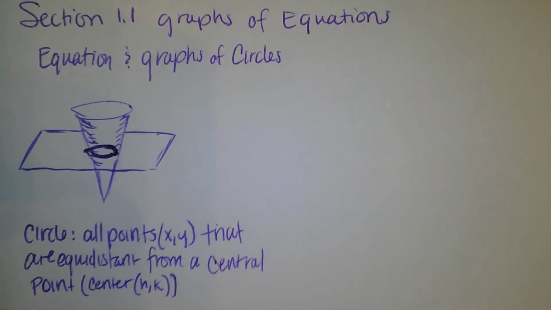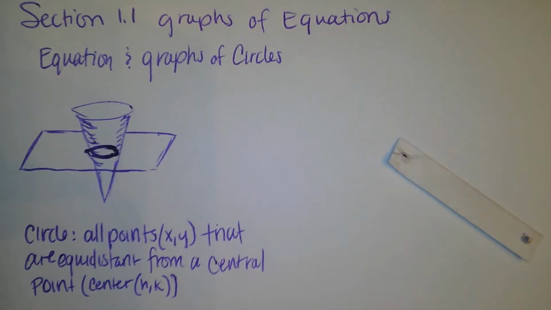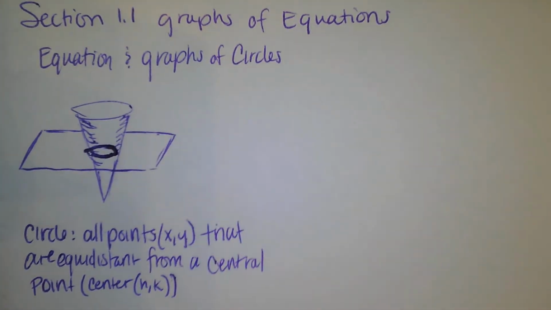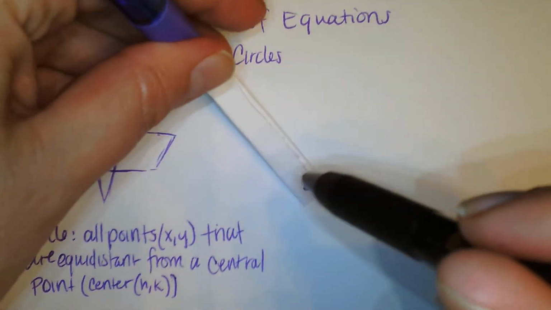Alright, so I have a little piece of paper here, just like the other video. Anyhow, the whole idea of a circle is that the distance from the center to any point on the circle will remain the same. So, we anchor the center.